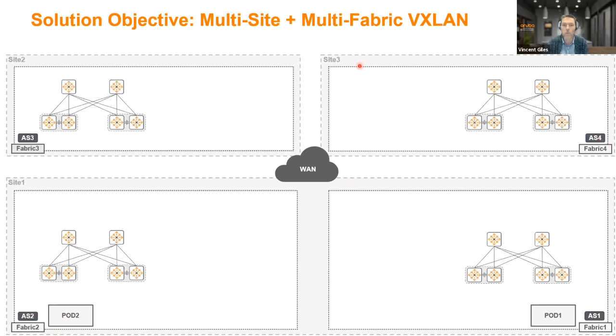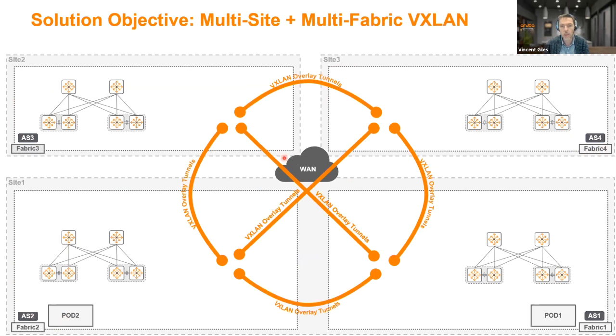So this is the proposal of the example, combining multiple sites with the fact that you have a large site with multiple pods or fabrics, 2 here. And obviously, you want to have all your VXLAN overlay tunnels between all the fabrics. So potentially here, one single VLAN can be extended on all the fabrics with those associated tunnels to have the traffic going from one fabric to another fabric.